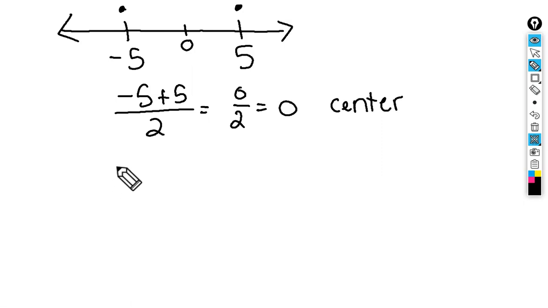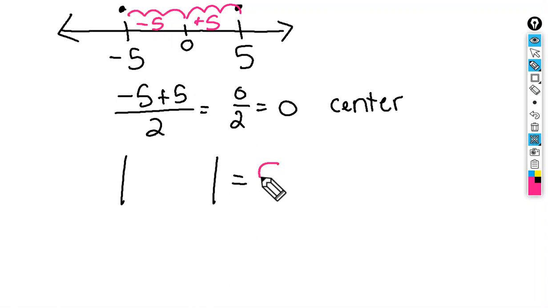So when you write the equation, okay, the distance is 5 and negative 5. So the distance is 5 and the center is 0.